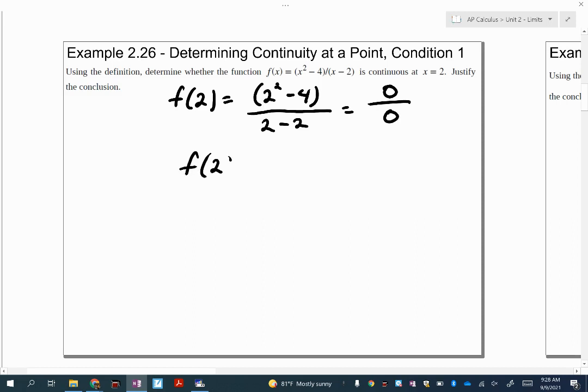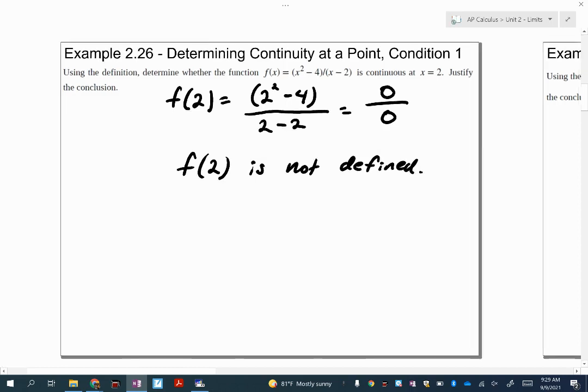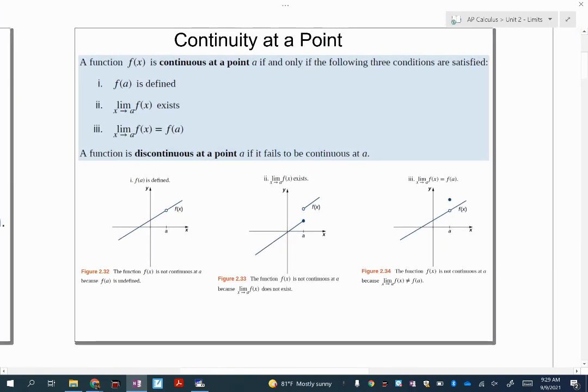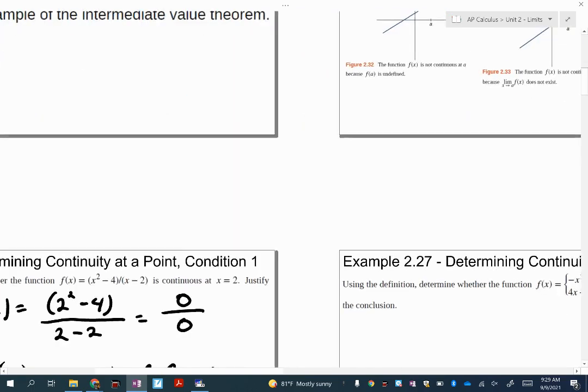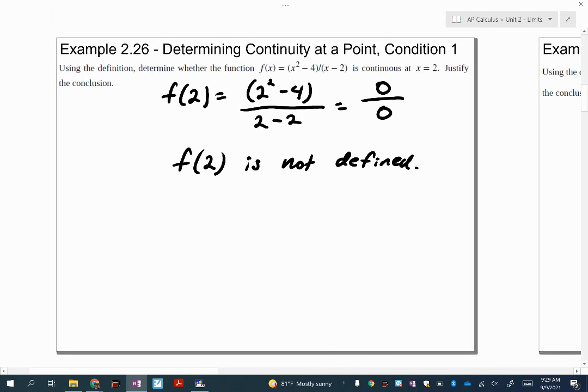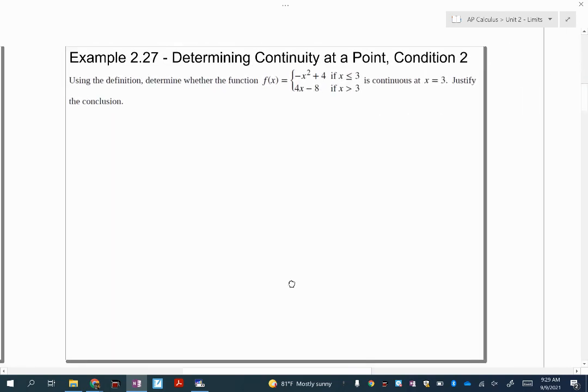So f of 2 is not defined. So in terms of my conditions, condition 1 says f of a is defined. This fails condition 1. So we are not continuous at 2.